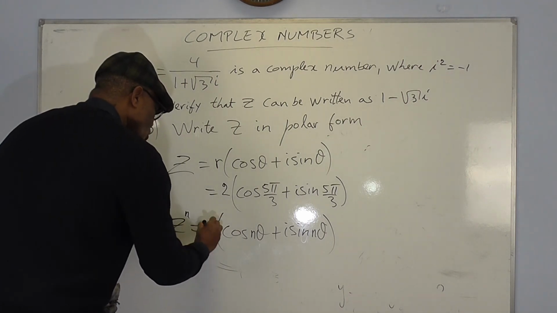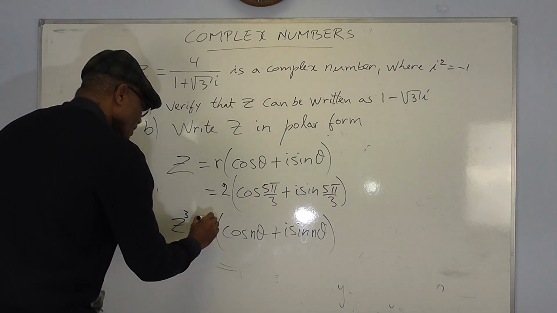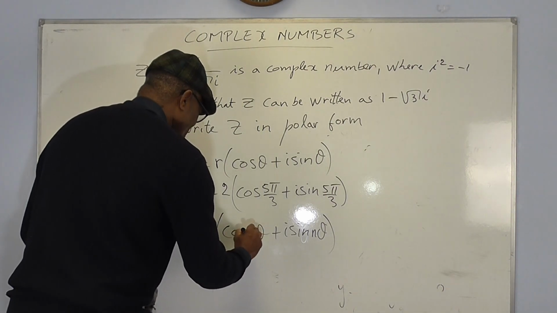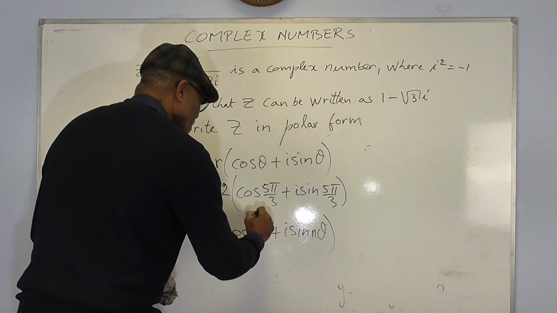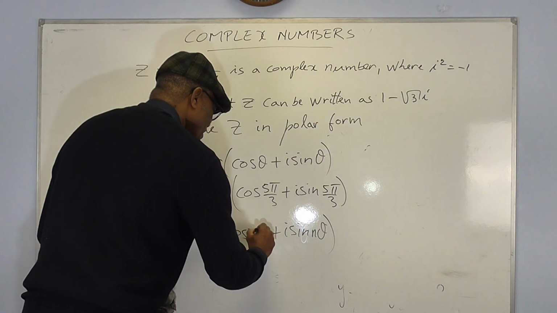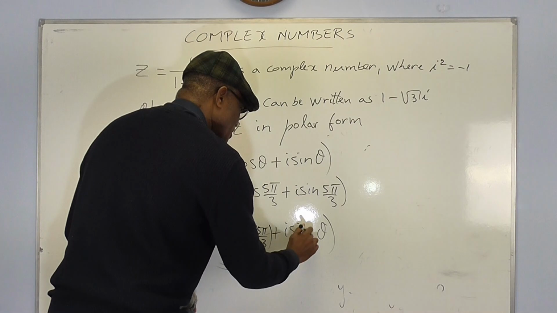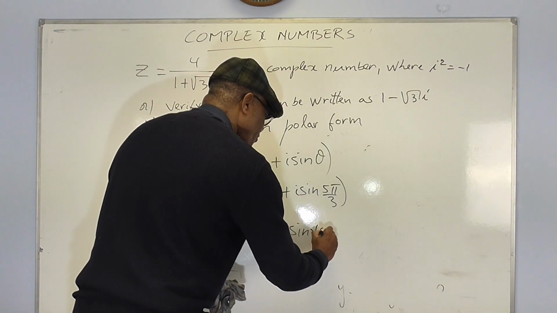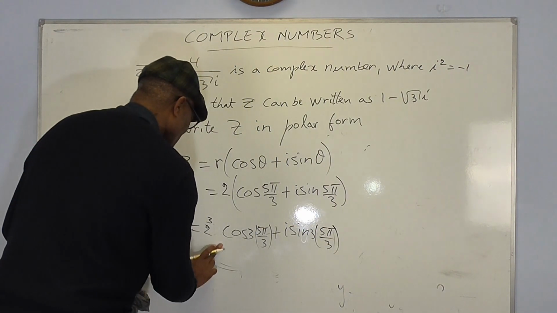The modulus was 2, and our n here is 3. I put 3 there. Here is 3 again, and theta is 5 pi over 3, and I multiply by 3 again.